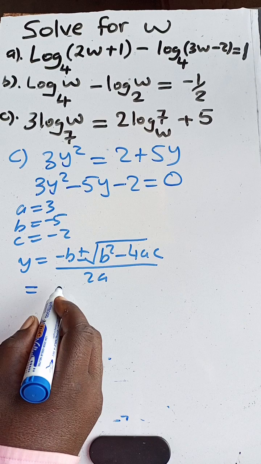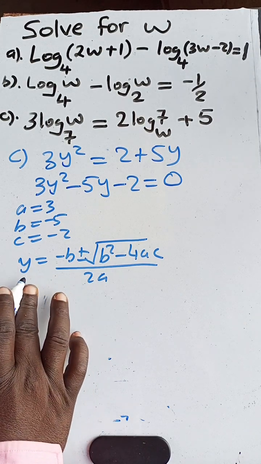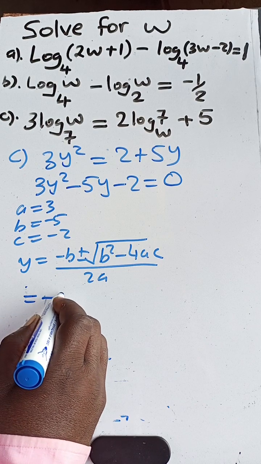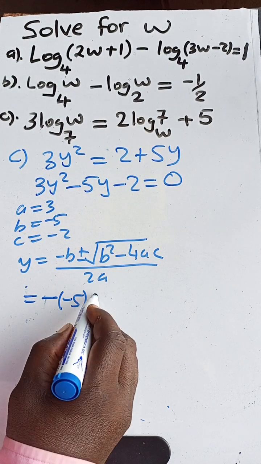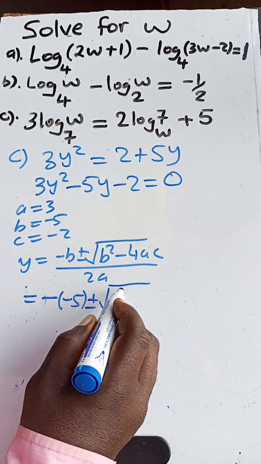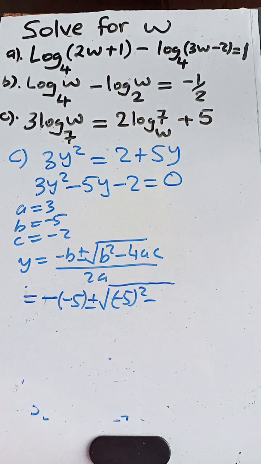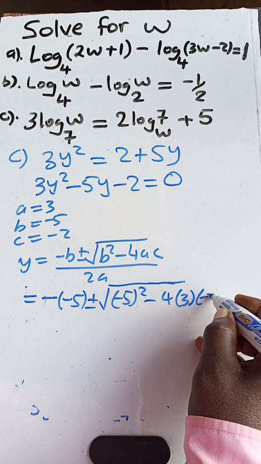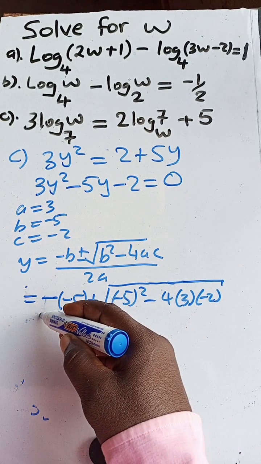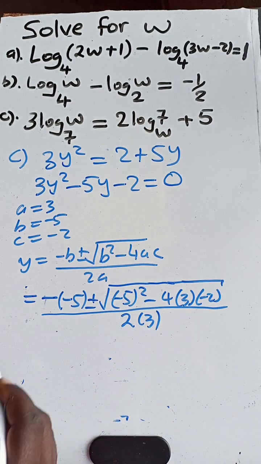So this gives us Y is negative B, negative B is negative 5. So we have negative B plus minus root B squared minus 4AC, all of this divided by 2A.